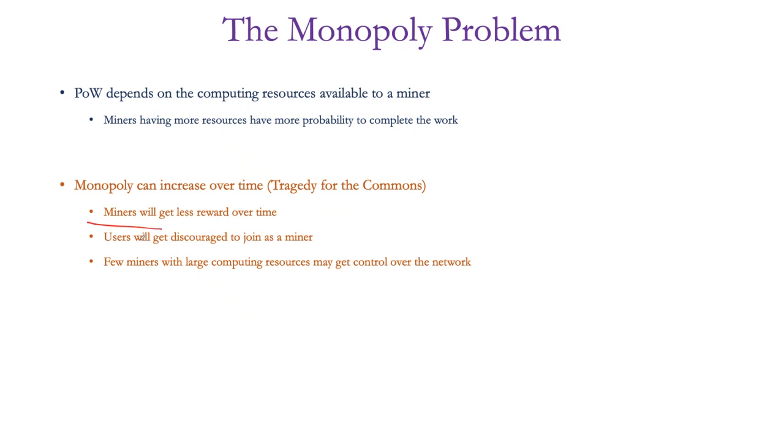So few miners with large computing resources will be in the network and may get control over the entire network. So that is the monopoly problem in this proof of work or the distributed consensus algorithm.